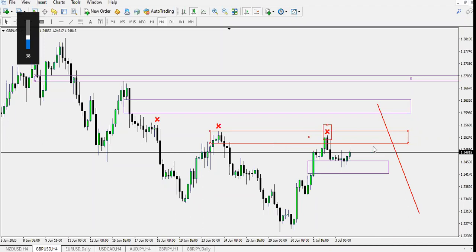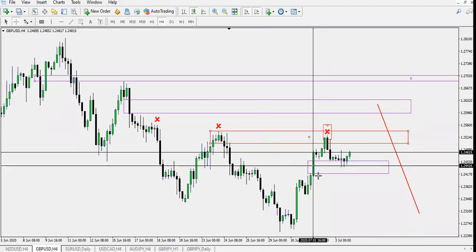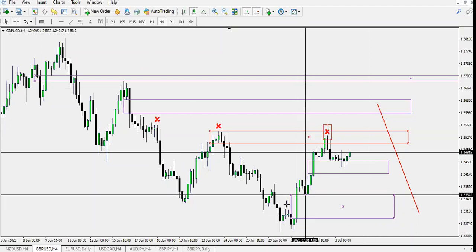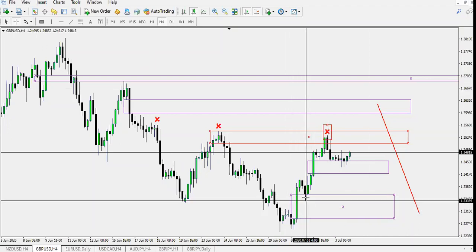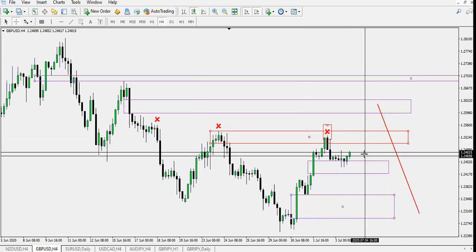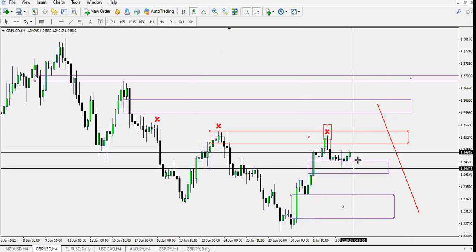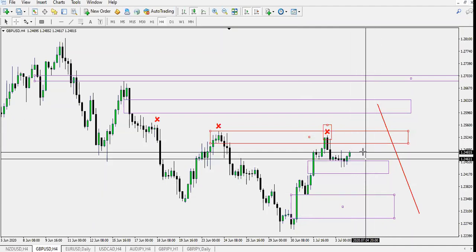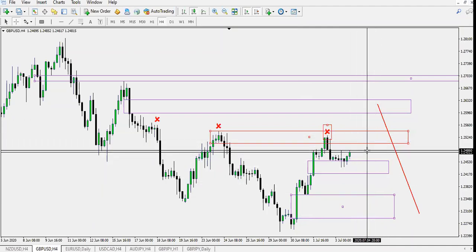Yes, so like I say, this is obviously an area of interest over here. So we can see that there is an additional area of liquidity or a liquidity void sitting over here, as you pointed out. But yes, price will at some point close these gaps. But when the market opens, whether it gaps up or gaps down, we want to see a thrust of movement in price in one direction.